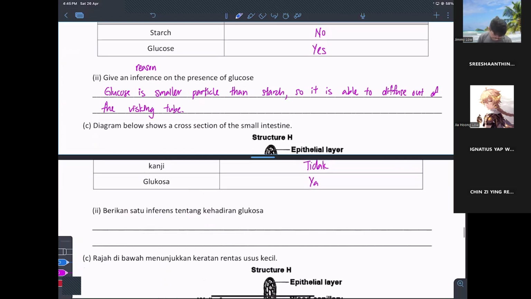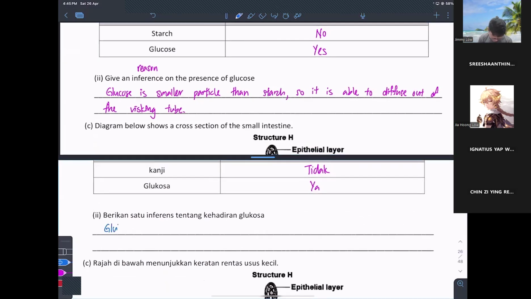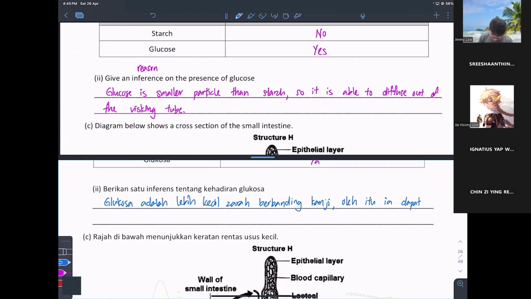Same as well in BM: glucosa adalah lebih kecil zarah berbanding kanji, oleh itu ia dapat meresap dari tube whiskey.